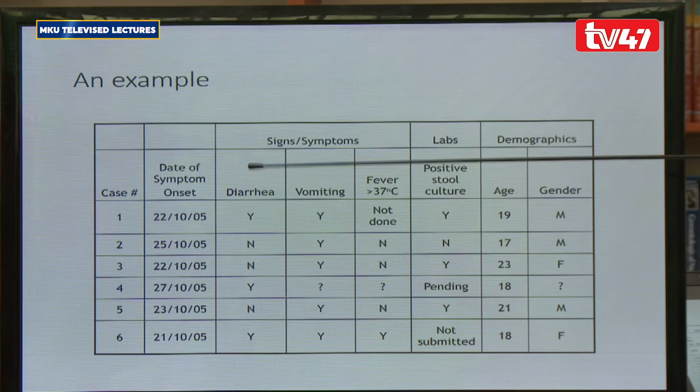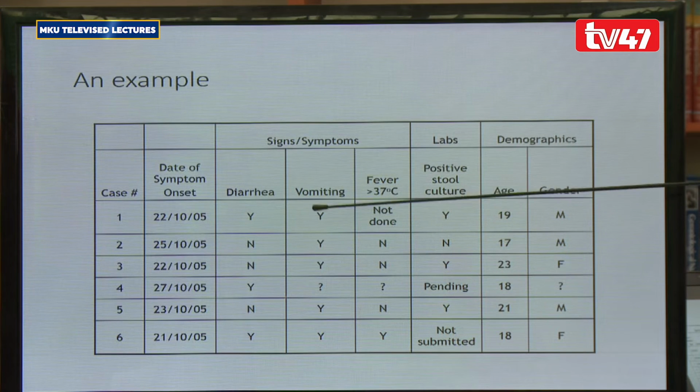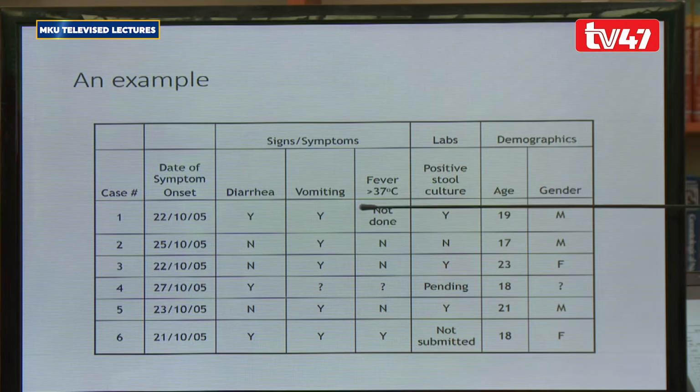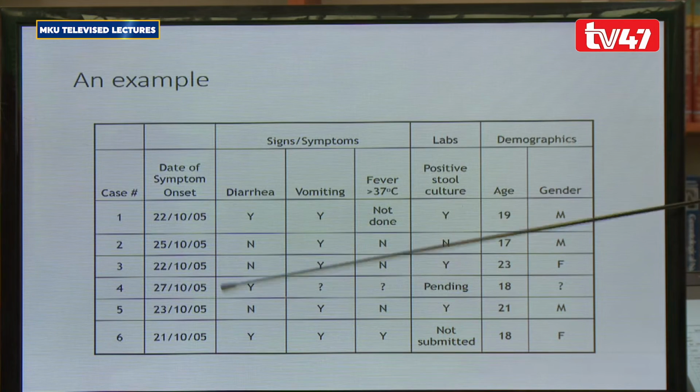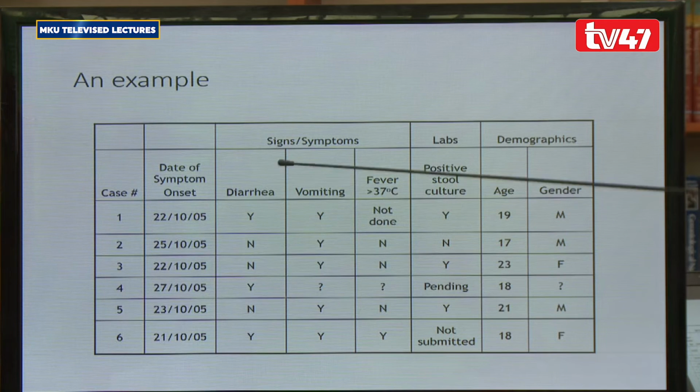Does he have diarrhea? Yes. Does he have vomiting? Yes. Is the fever above 37? Maybe the temperature was not taken. And then you fill in as the cases come. So you can have number 1 to number 7,000, and if you have used an Excel sheet, then you would be able to have a clear picture of how line listing can be done.